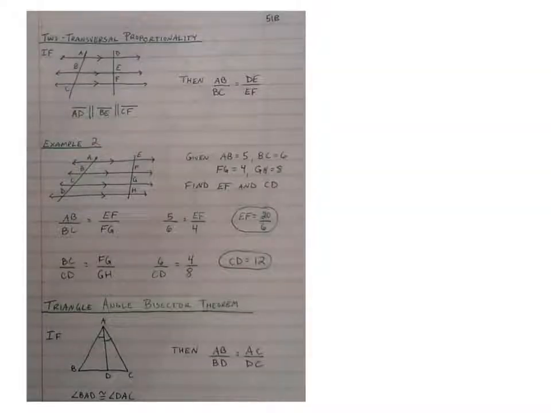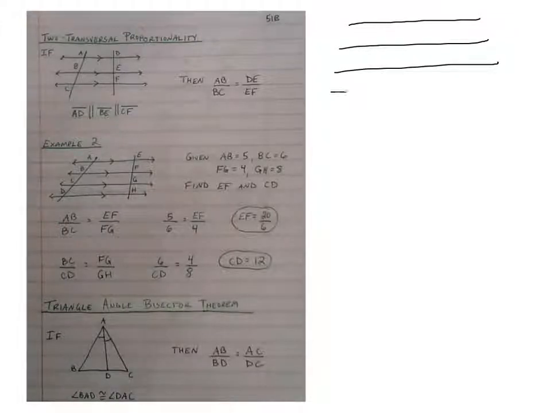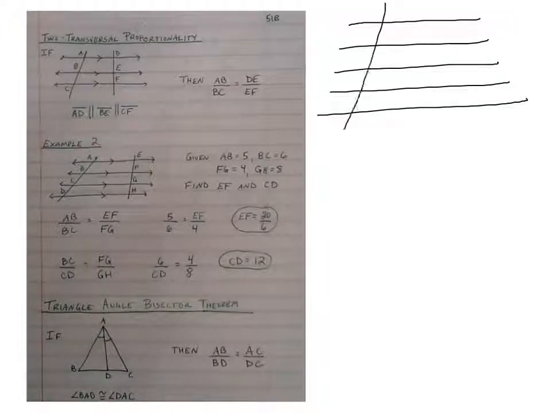Continuing our notes on to page 51b, we have the two-transversal proportionality theorem, or rather it's a corollary, but you might as well consider it a theorem. It states that if you have multiple parallel lines, so we can go 3, we could go 4 if we wanted to, or even 5 parallel lines that are intersected by two transversals, then we can start to draw conclusions about proportionality.